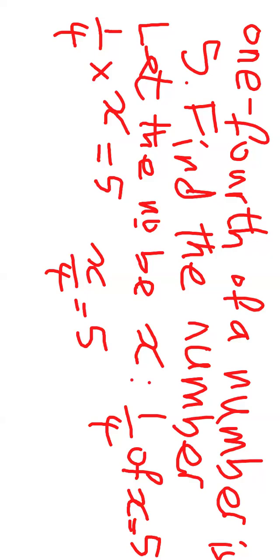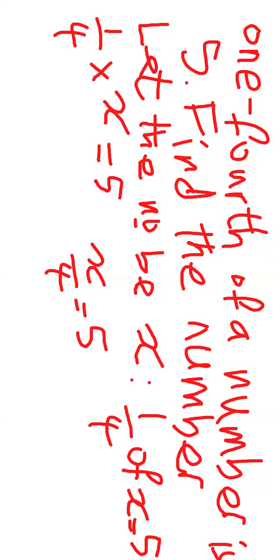Look at it. You have x over 4 equals 5. So what's really happening there? It's not multiplication. It's division. Exactly. So what's the opposite of division? Multiplication. Excellent.